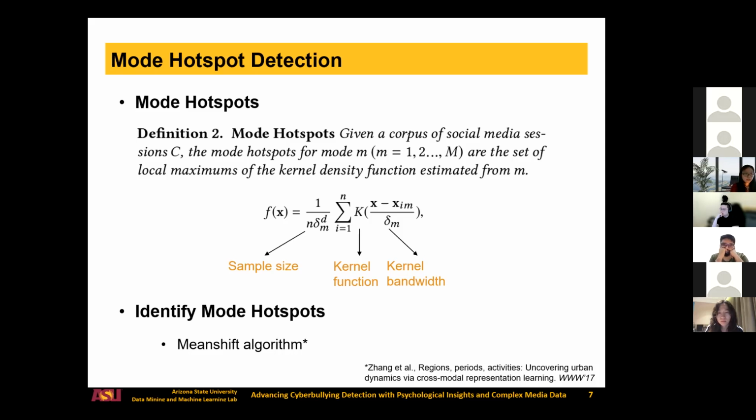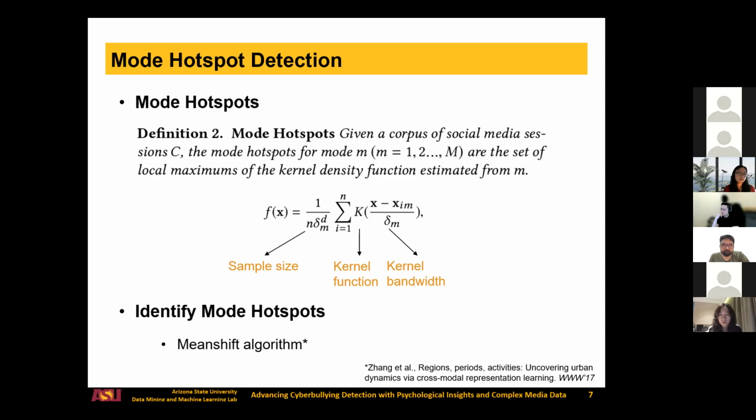Our solution is to use a kernel density function for each mode. The mode here means, for example, image or temporal information. Each of these kinds of information belongs to a mode. For each mode, we want to find the spots that have very high density.